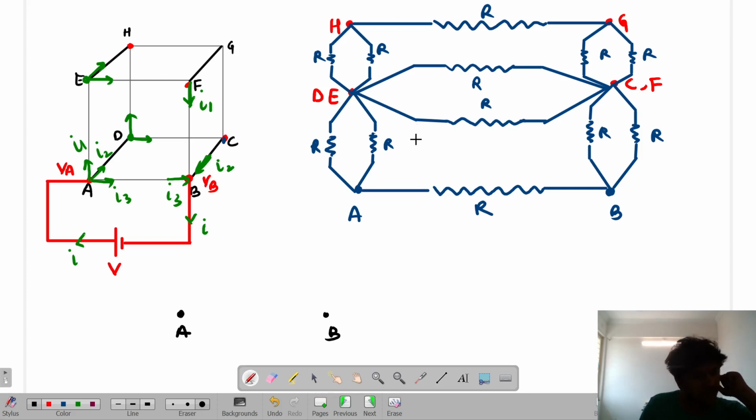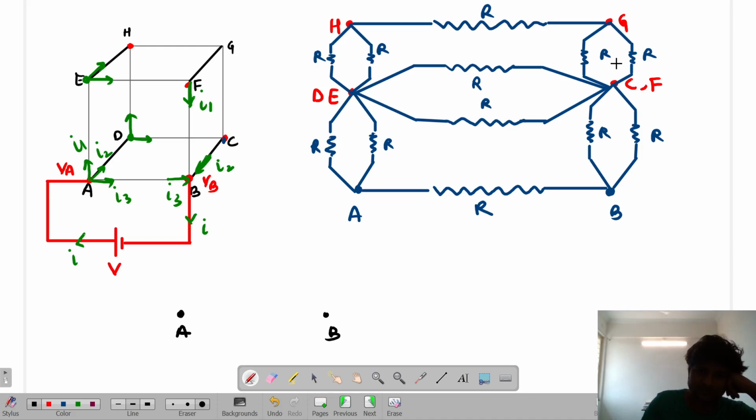Yes. And can we just do one more thing? This is R by 2, R by 2, R by 2, R by 2. This is how much? 2R by 4. Okay, look carefully. Okay, let us do one thing. This is R by 2, this is R by 2, this is how much?